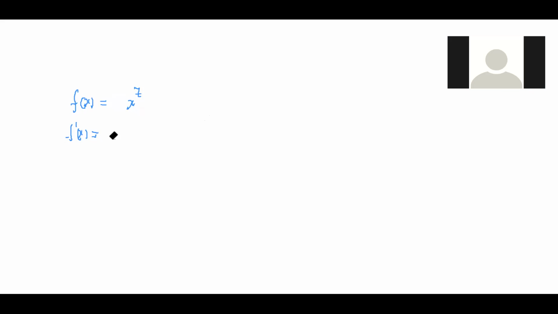And what I mean is, let's first find the derivative of a power function. For example, f(x) equals 5 times x to the power 7. What will be the derivative of this function? Okay, let's do it without the 5. The derivative of x to the power 7.